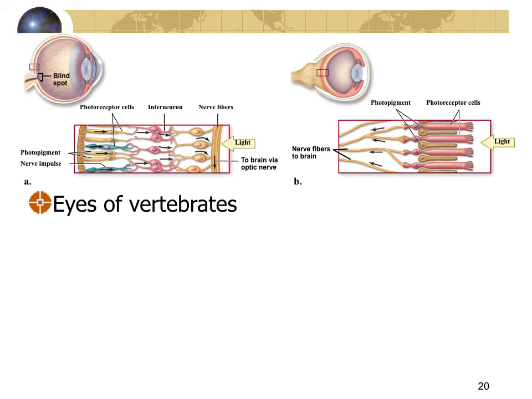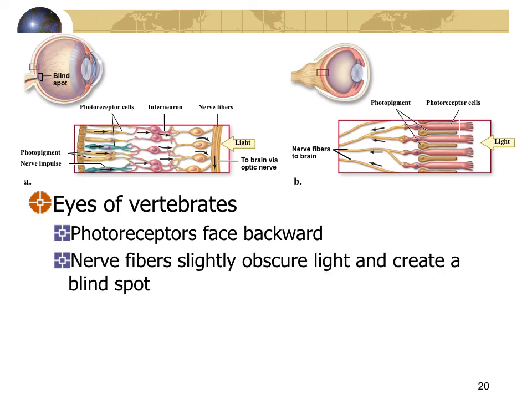Likewise, the eyes of vertebrates are really poorly designed, but it works. Okay, our photoreceptors face backwards, and so here on the left there is a human eye, and it shows you that light has to pass through nerve cells to hit the photoreceptors. Okay, seems kind of goofy, but it works.